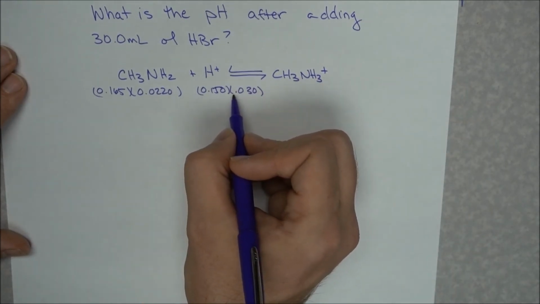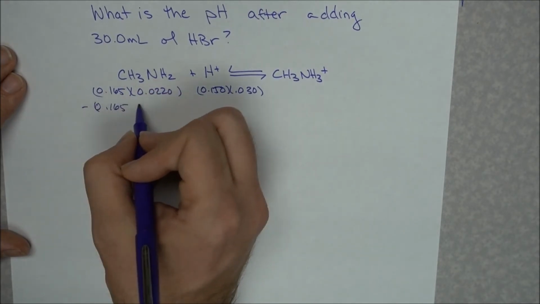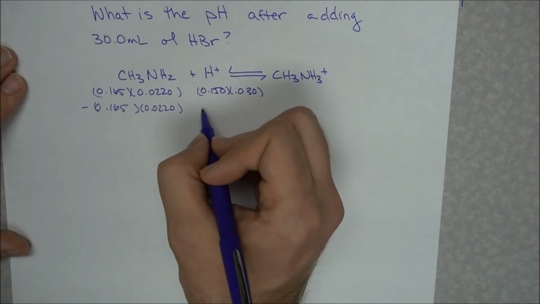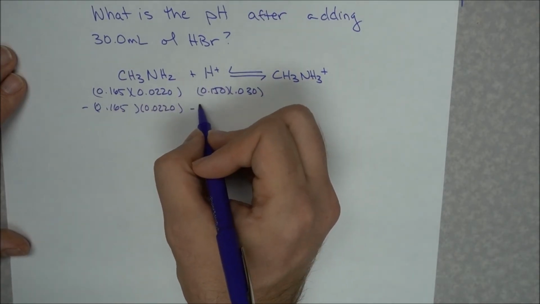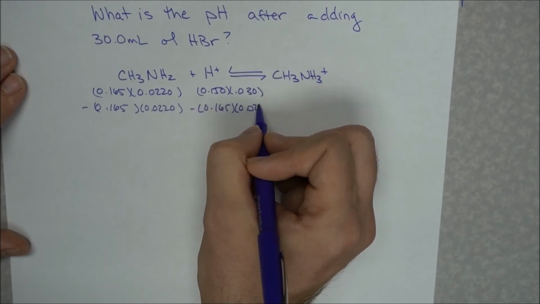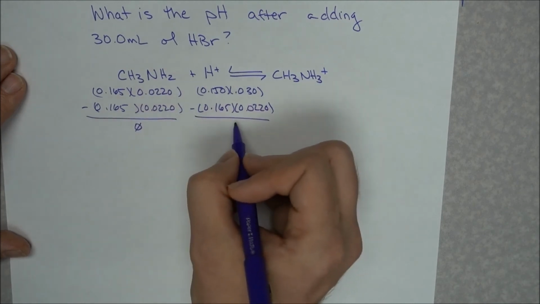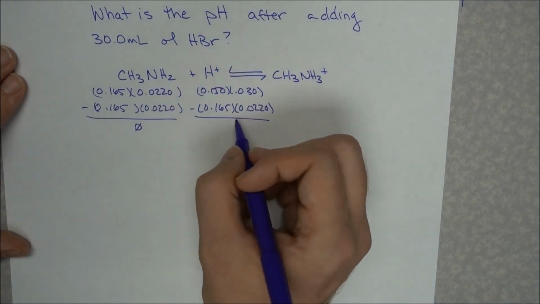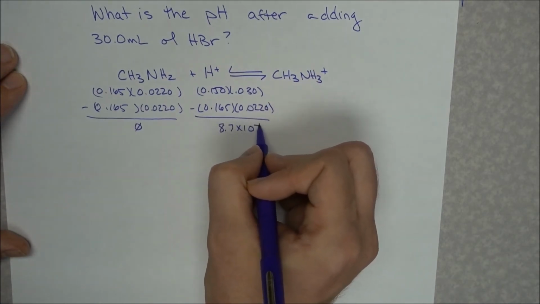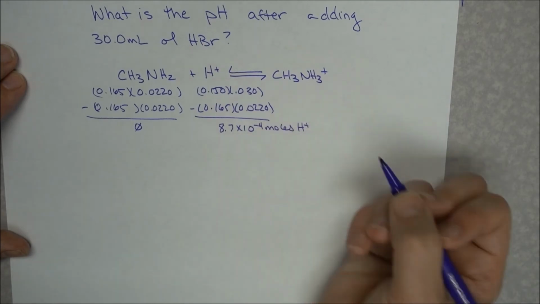Now this is what I have in larger amount, this is what I have in smaller amount, so all of this reacts. So all of these moles go away, and take some of this with it, but not all of it. This amount comes out to 0, and this amount here is going to come out to 8.7 times 10 to the minus 4 moles of H+.